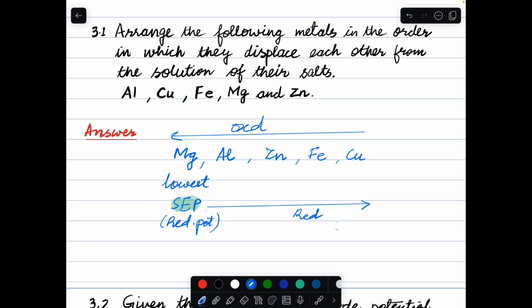The one with the lowest tendency for reduction will have the highest tendency for oxidation, and that will therefore be the reactive metal. So metallic character will increase in the reverse direction, that is from copper to magnesium. I hope it is clear.